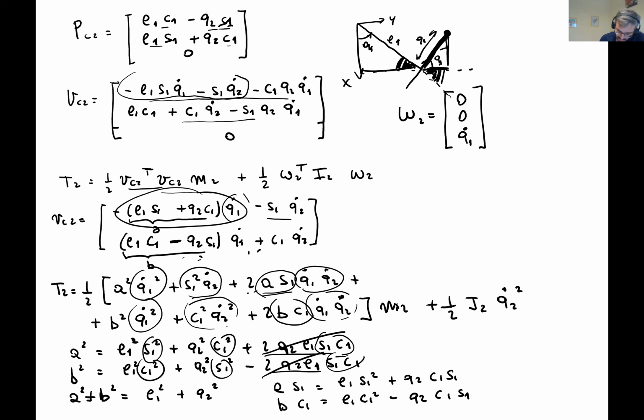If we sum these, the Q2 term goes away, and the other sums up to 1.